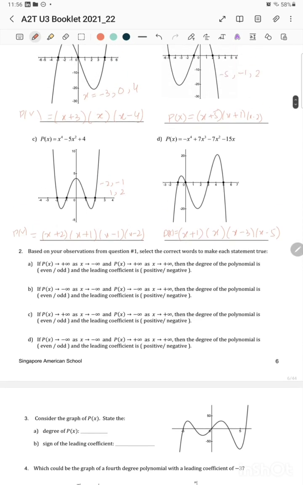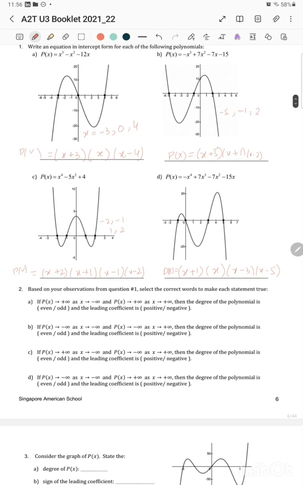If p of x is approaching positive infinity and x is approaching negative infinity, and p of x is approaching positive infinity and x is approaching positive infinity, then the degree of the polynomial is... This one, p of x towards positive infinity, x towards positive infinity, x negative and p of x positive. So we are talking about the option C.